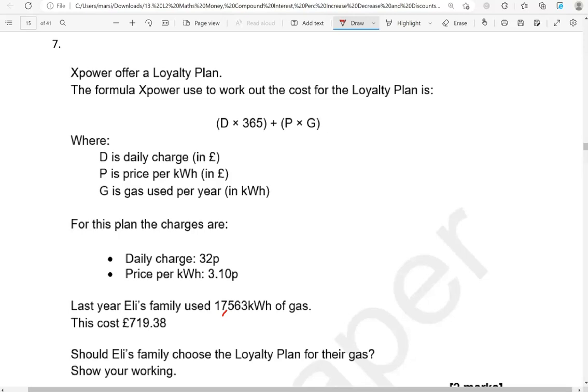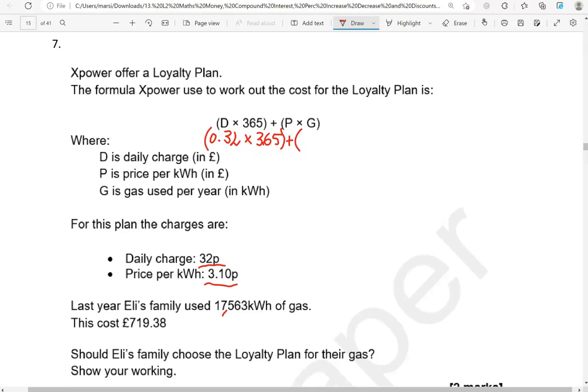So we're going to work out how much it costs using the loyalty plan and compare it to what they were charged last year. So D is a daily charge, which is 32 pence. So we'll write it in pounds as 0.32 times 365 plus P, which is price per kilowatt hour.